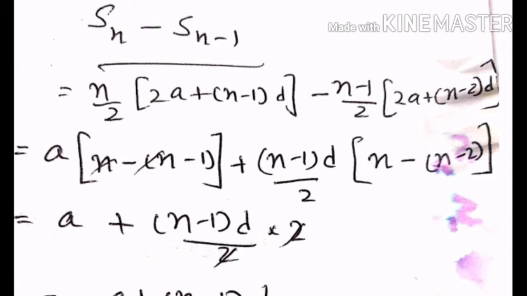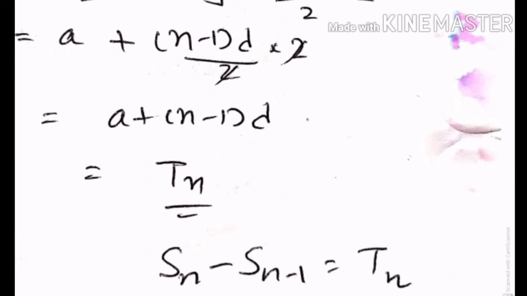Now what we can remove from the first, that n, and remove it in the bracket. So minus 1 becomes plus 1, that is only a, plus (n minus 1)d by 2 into (n minus n), that cancelled, minus plus 2, and that 2 with the denominator 2 also cancelled. So we have now a plus (n minus 1)d.